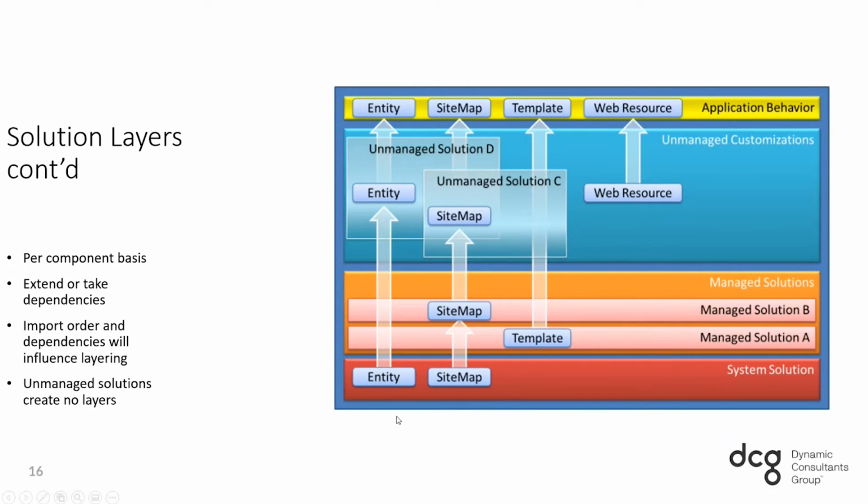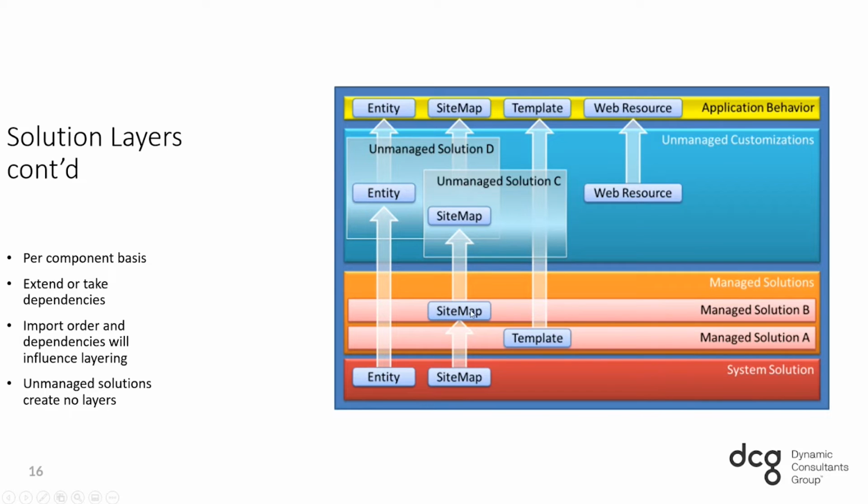So here's the solution layers. In the system solution, that's the default solution, there's an entity and a sitemap. In managed solution B, the sitemap is edited. In unmanaged solution C, the sitemap is edited. Unmanaged solution C wins. That's what the user sees.